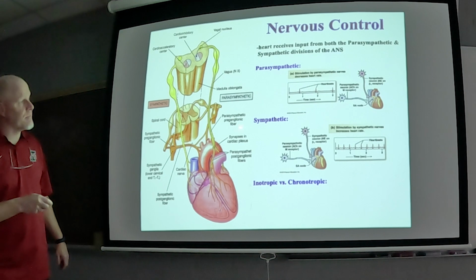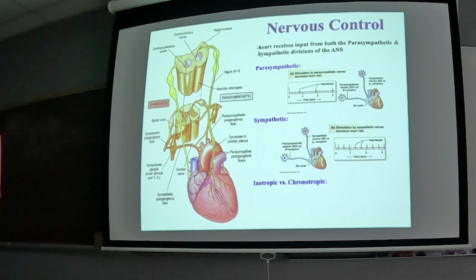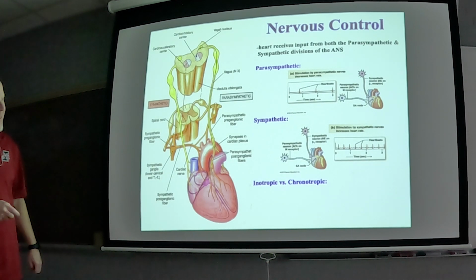But the sympathetic nervous system, or epinephrine and norepinephrine, not only speed up the heart, but increase contraction of the heart. So you're not only increasing the speed at which the heart ejects blood, but you're also increasing how hard that blood is ejected. So that's where you get these two terms down here. Chronotropic versus inotropic.